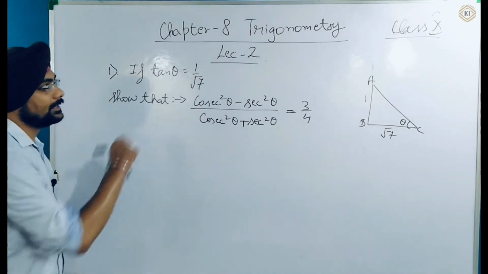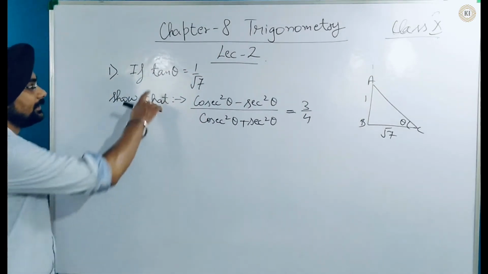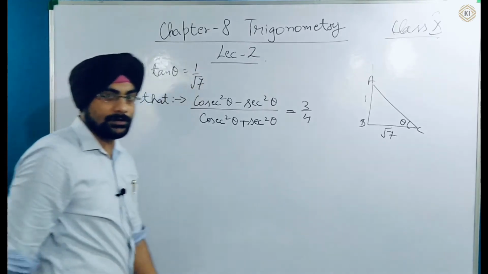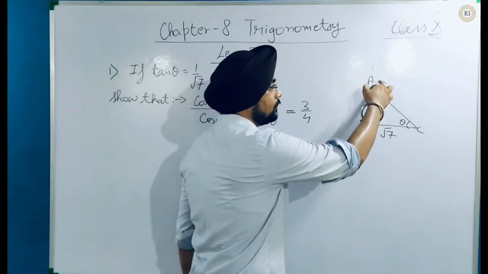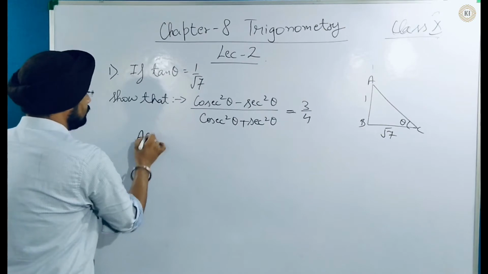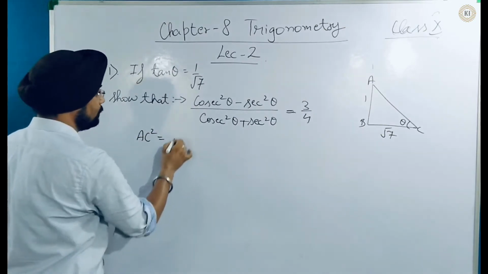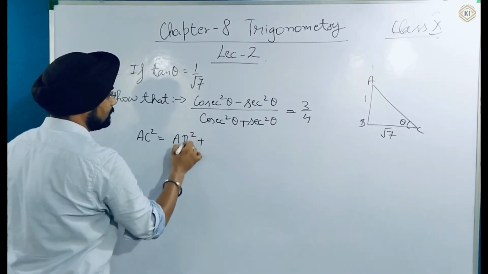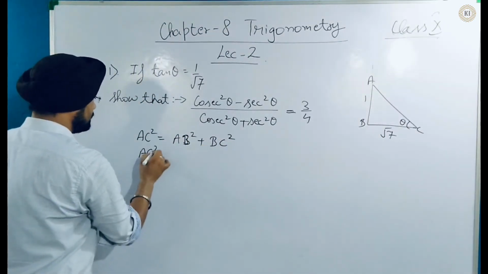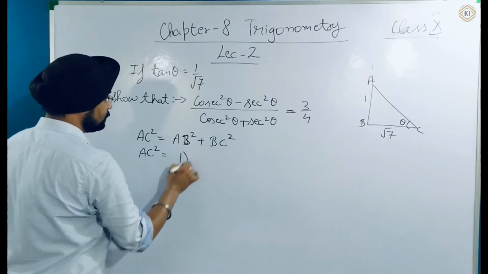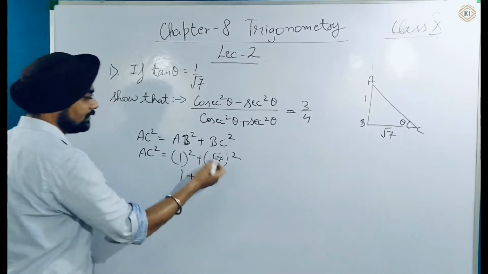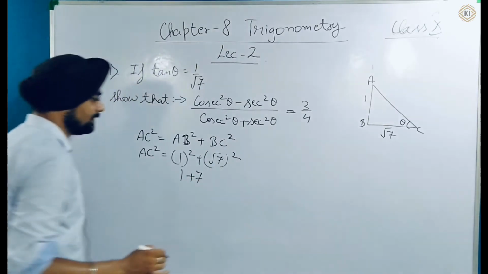First of all we will make a right angle triangle. Tan theta is perpendicular upon base, so 1 is perpendicular and root 7 will be your base. So by applying the Pythagoras theorem we can calculate the value of AC. AC square will be equal to AB square plus BC square, so AC square is 1 square plus root 7 square. 1 square is 1, root 7 square will be 7.